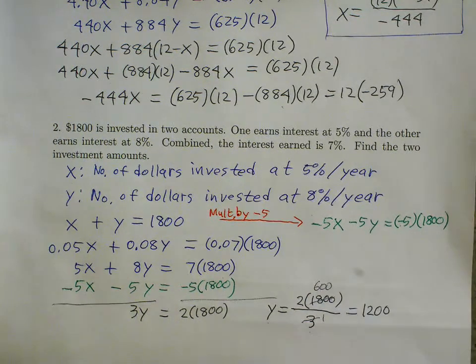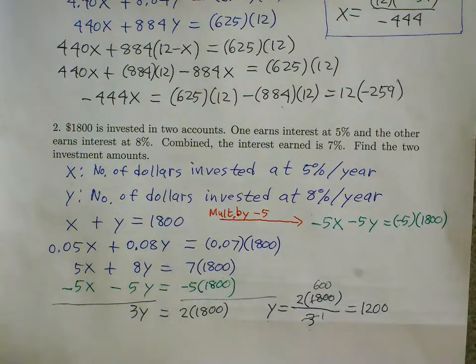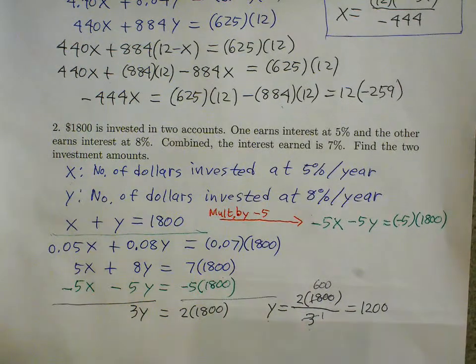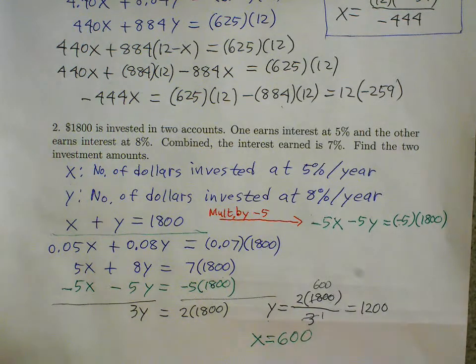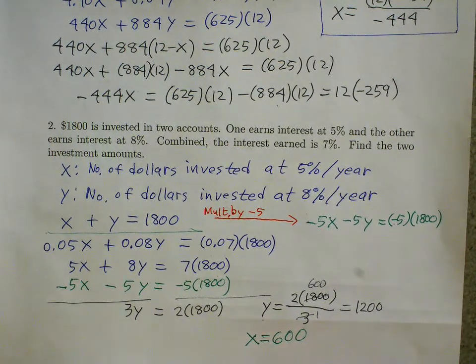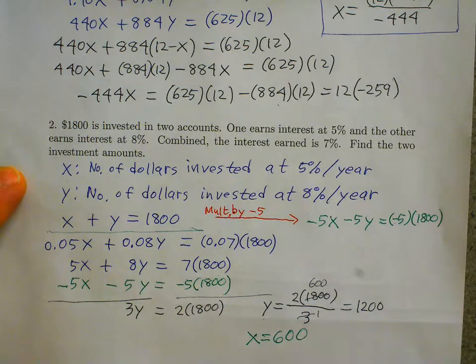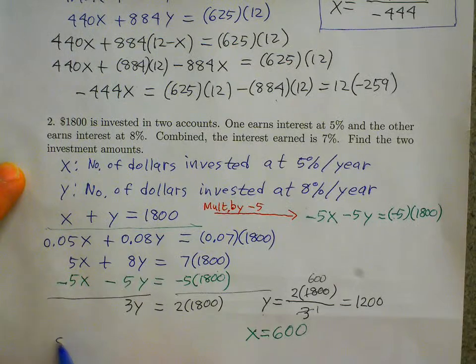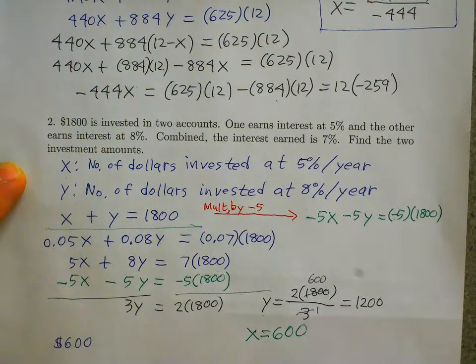The total amount of money invested is 1800. So if y is 1200, we can see that x is 600. Okay, so just to summarize the result, $600 is invested at 5% per year.